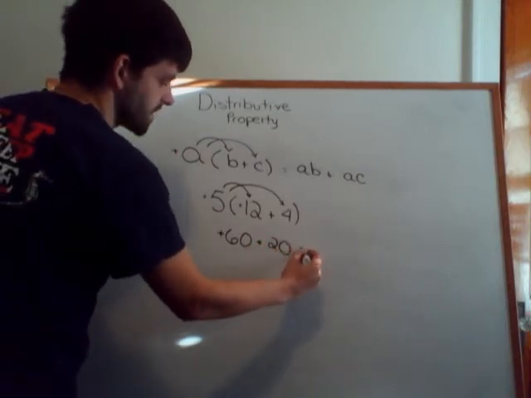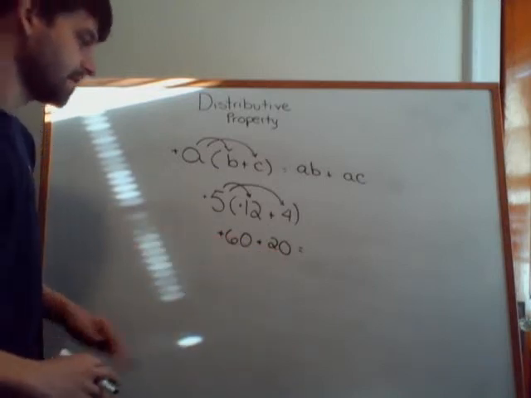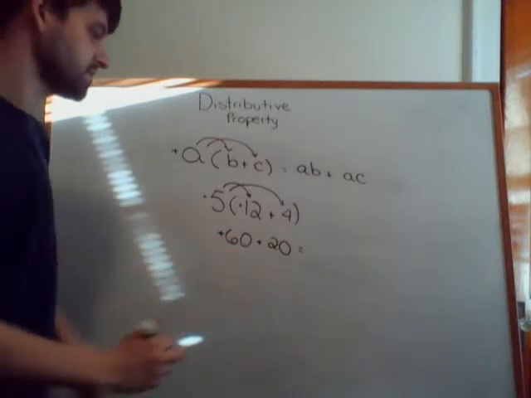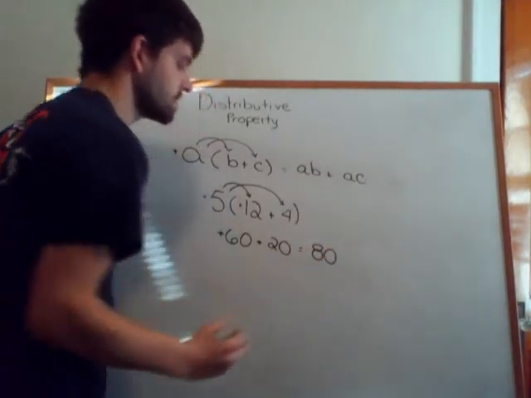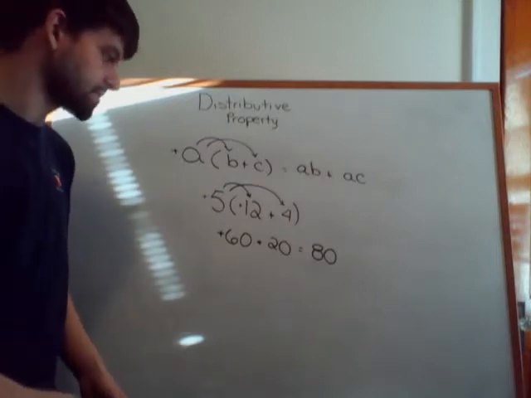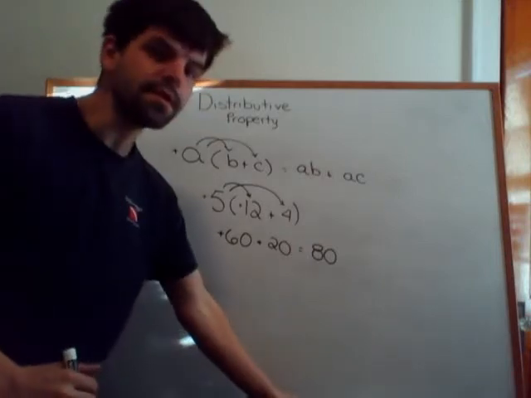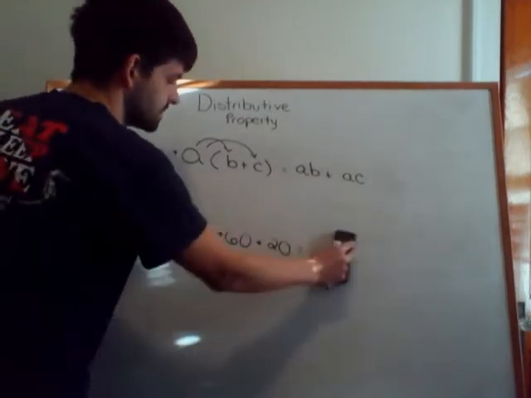Now, notice here that all we have left to do is an arithmetic sum to calculate. And positive 60 plus 20 is 80. Okay, so that's our first example of the distributive property and exactly what's going on. Let's look at our next example where I can visually model it in further detail.